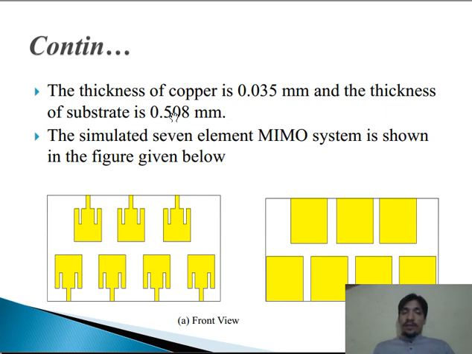The substrate thickness is 0.508 millimeter, and the thickness of the copper layer for the radiator, for both ground and patch, is 35 microns. The simulated 7 element MIMO system is shown below. From the left side we can see the front view, and from the right figure, the back view.